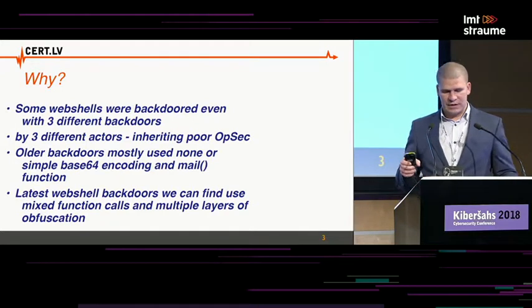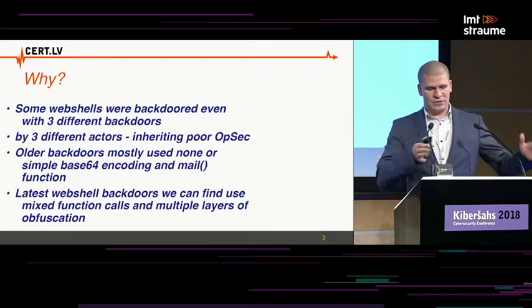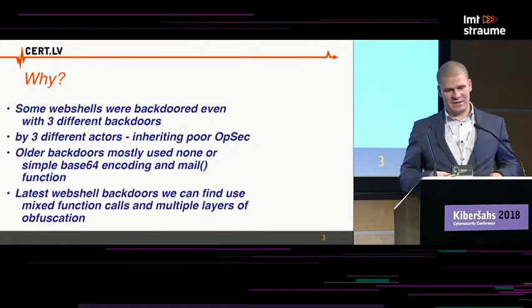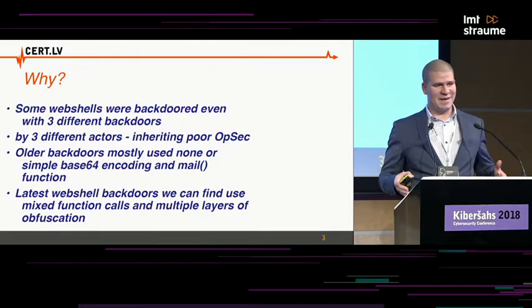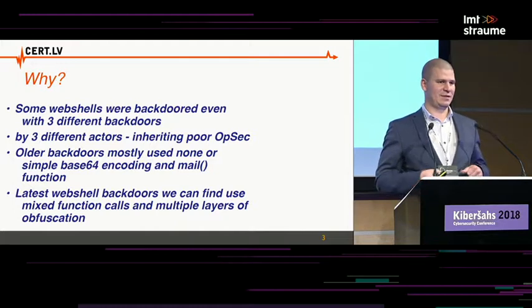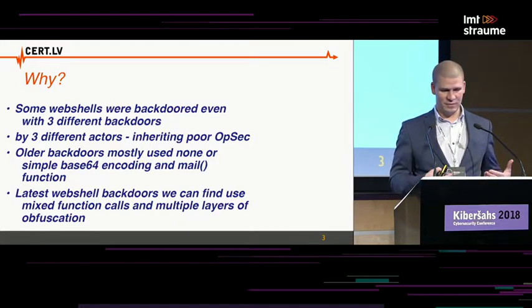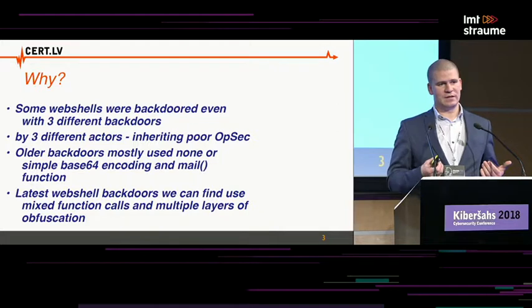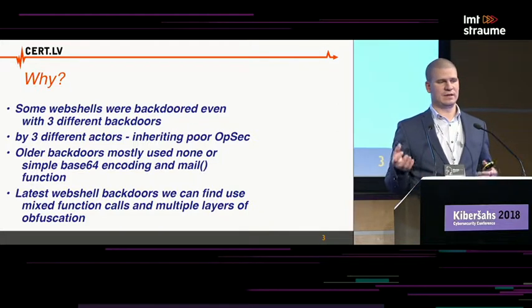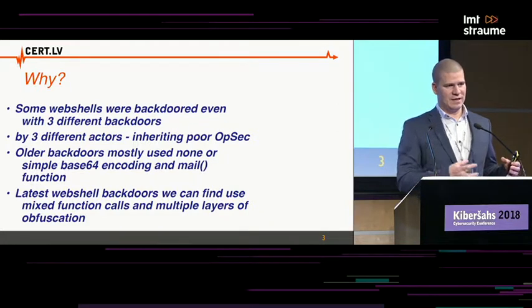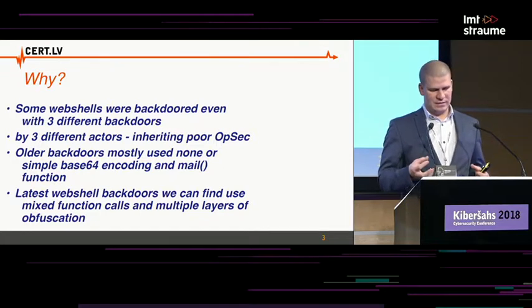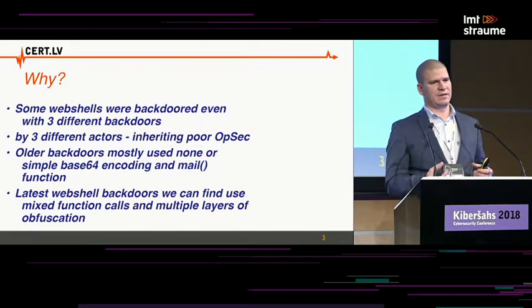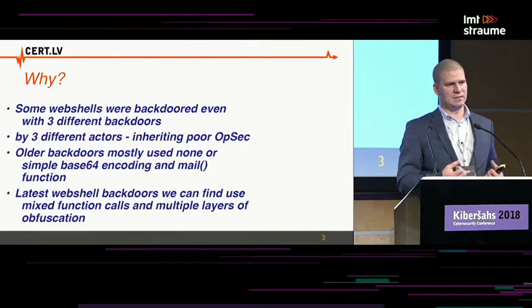So another interesting finding, which also indicates that it's a Wild West out there and bad guys have their supply chain integrity problems as well, and we can learn from that, is that we found that in some cases web shells were backdoored with even 3 different backdoors. And from what we suspect, it might be even 3 different actors who were doing that.